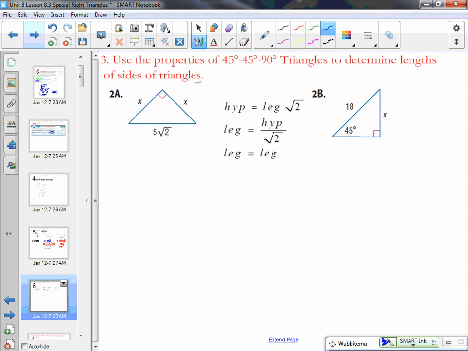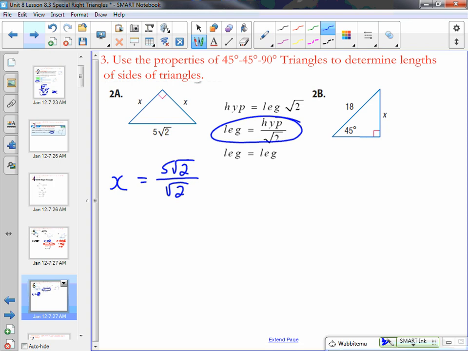Now, on 2A, the leg is called X, so I'm going to use this. Leg equals, X equals, the hypotenuse is 5 square root of 2, divided by the square root of 2. Now, a lot of the times when we get here, we'll be done.